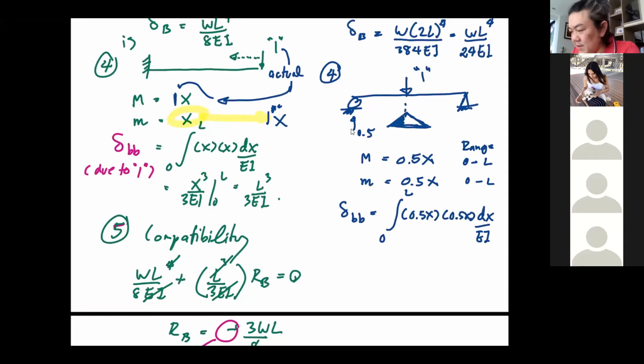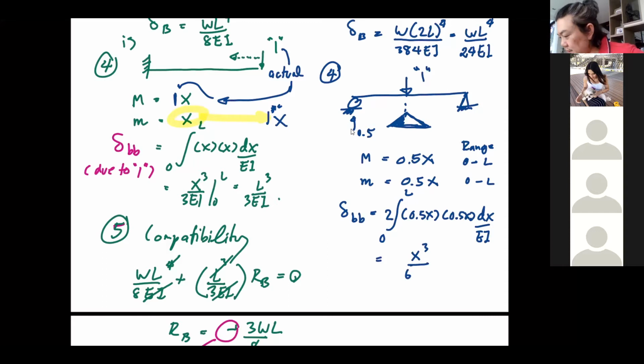We can do this because the beam is symmetric and multiply the integral by 2. Okay. So 1/2 and 1/2. So this is going to be equal to x cubed over 6 EI, am I right? Because this is 1/2.